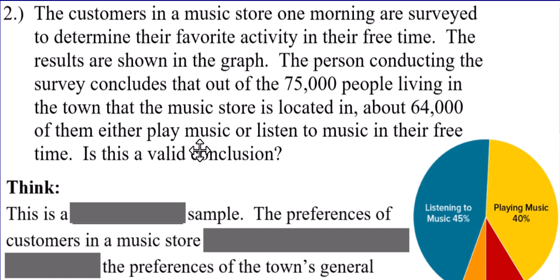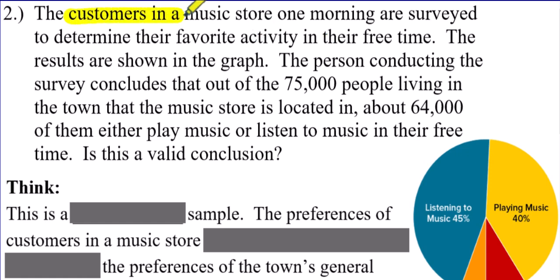You might recall that I taught you in the previous packet of guided notes, called Using a Sample to Represent a Population, that valid conclusions should come from unbiased samples. How did the person doing this survey get their sample?